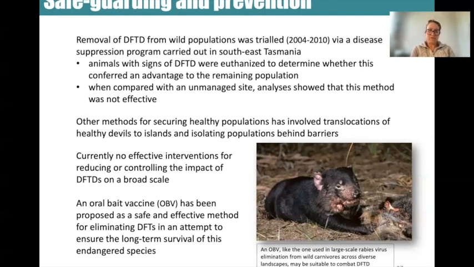Currently, there are no effective interventions for reducing or controlling the impact of DFTD on a broad scale. An oral vaccine has been proposed as a safe and effective method for eliminating these diseases, as an attempt to ensure the long-term survival of this endangered species. But it's not actually being applied yet.